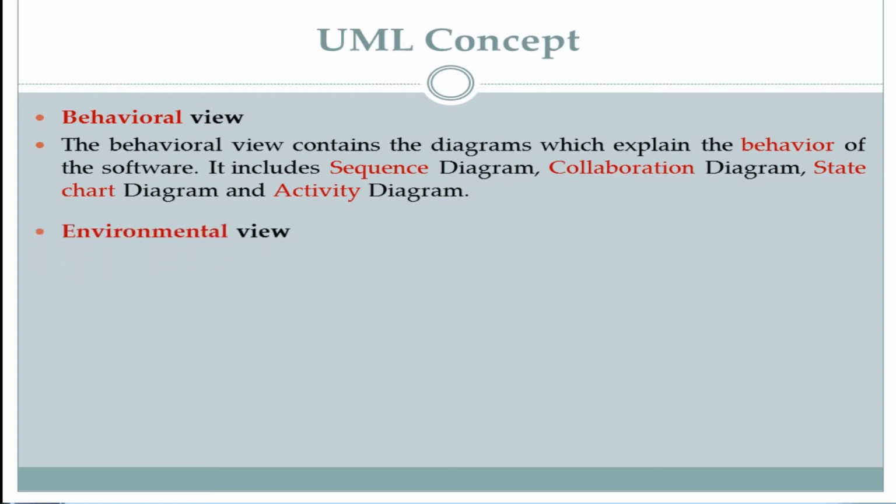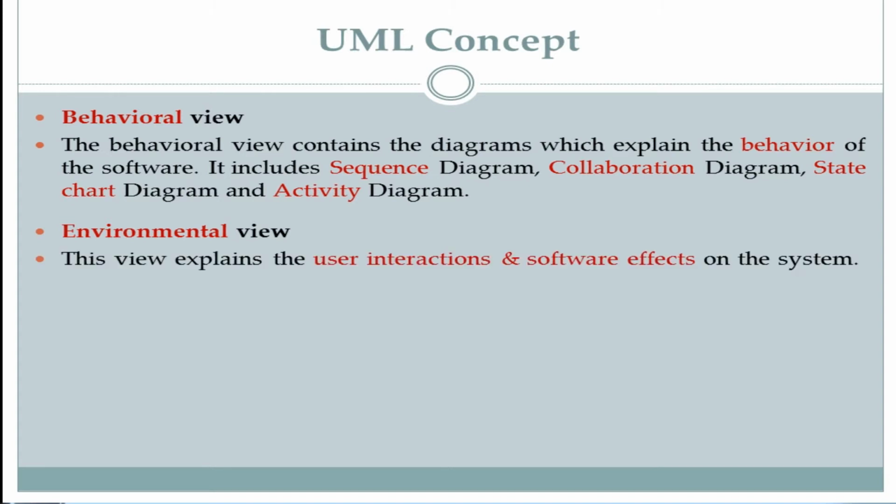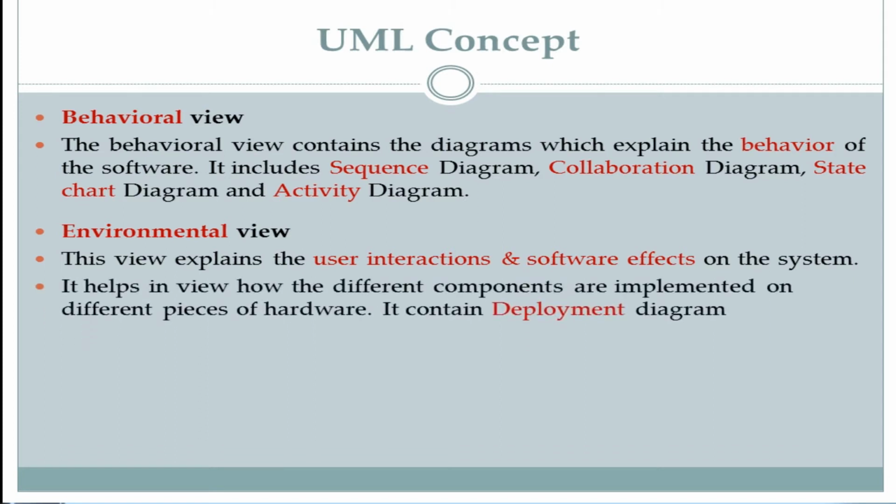In the environmental view, it helps in explaining user interaction and software effect on the system. This view helps in understanding how the different components can be implemented on different pieces of hardware. It contains the deployment diagram.